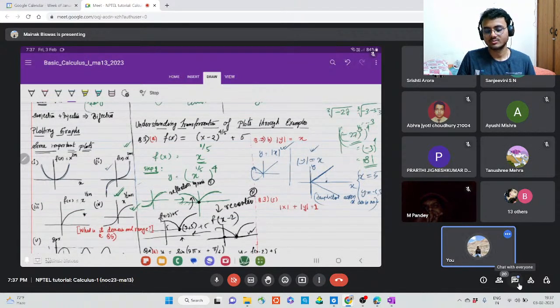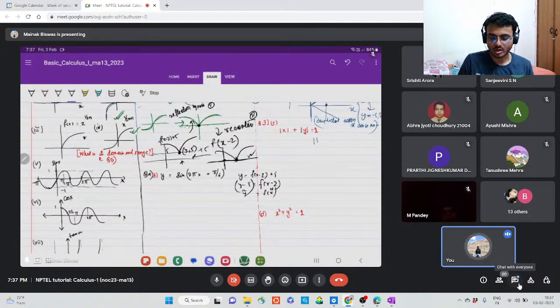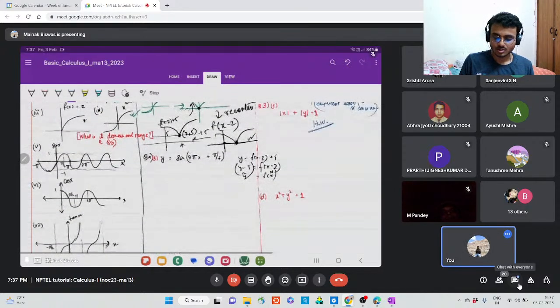Mod y equal to x? No, sir. Correct. For a particular value of x, there are two y's, right? So if you feed 5, your machine will give me 5 comma minus 5. I don't want that. Now, this is your homework. I'll do this one for you, or rather, I'll give this one as homework. I'll do that one for you.